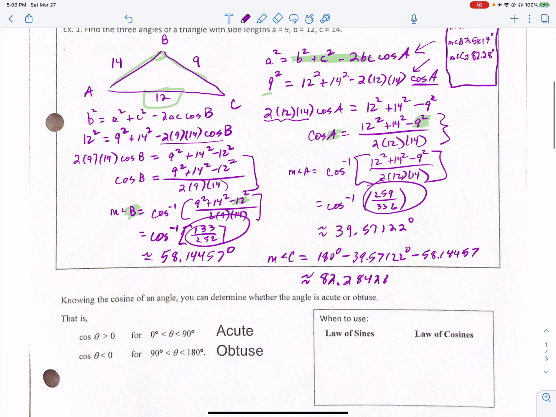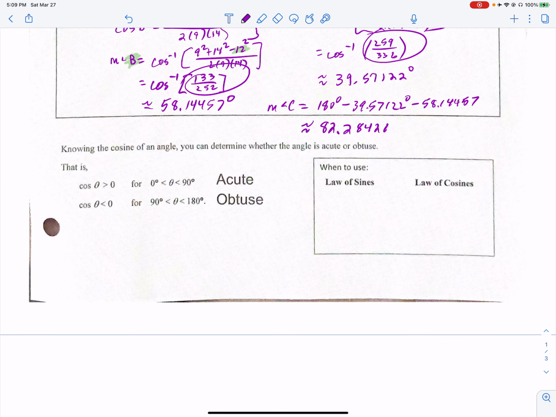All right, so now, when do we use these? When do we not use them? Because we've got law of sines now and law of cosines. When to use law of sines? Angle, side, angle. Angle, angle, side, and side, side, angle.